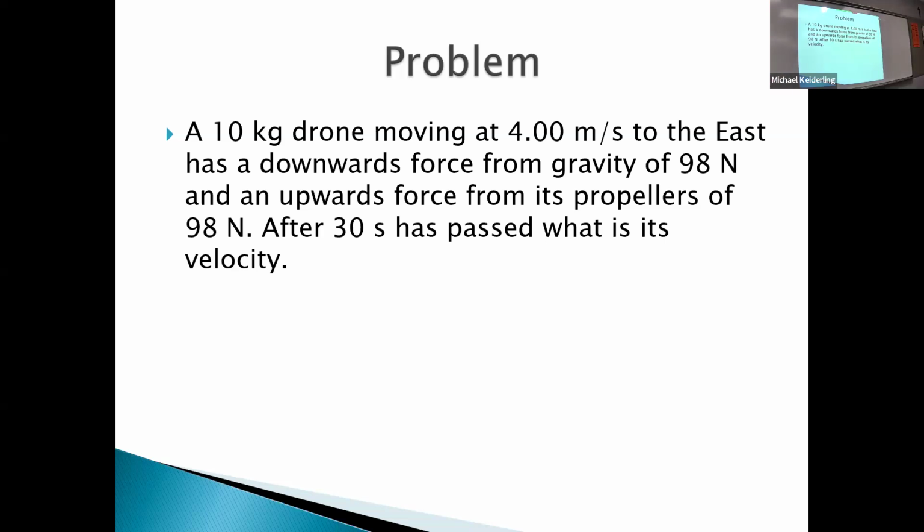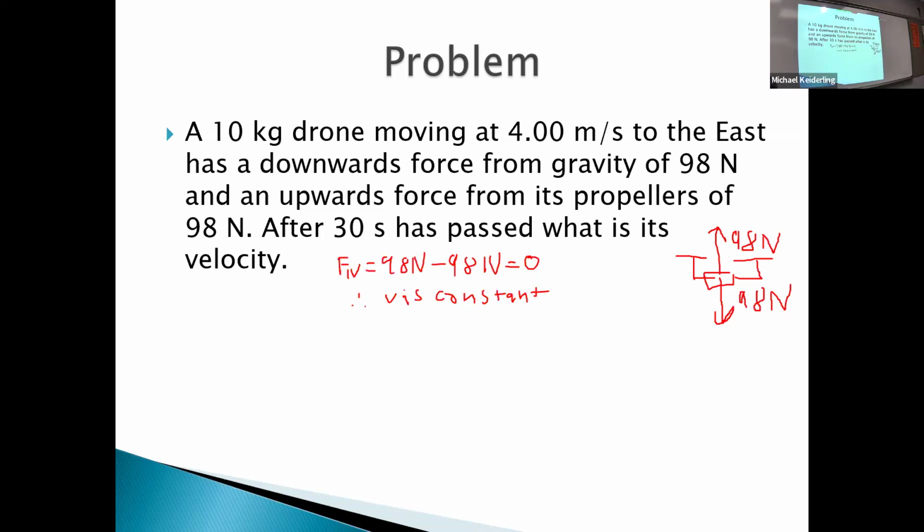So this is fairly straightforward. The forces are balanced, 98 newtons up, 98 newtons down. So because the total force is 0, the velocity will be constant. So the velocity will just be 4 meters per second to the east. Nothing has changed. It'll just keep moving at 4 meters per second to the east.